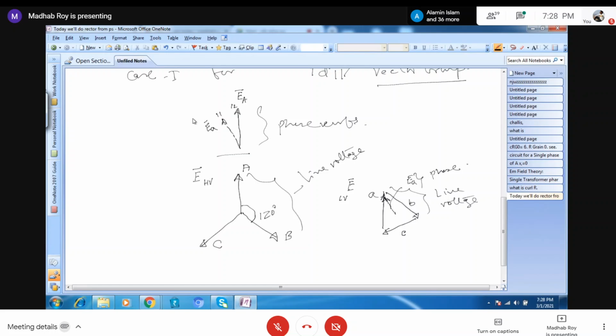This is called the FS. So now you can consider that the EA high voltage is this one and EA low voltage delta is this one, 11. So that's why this group is called the YG11.